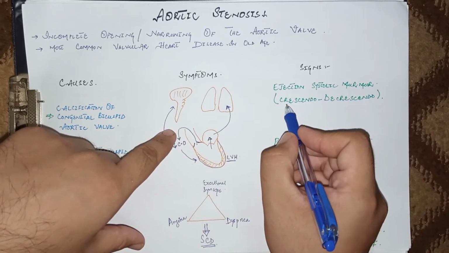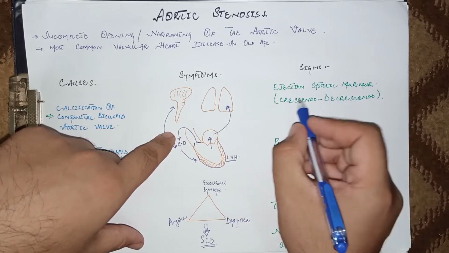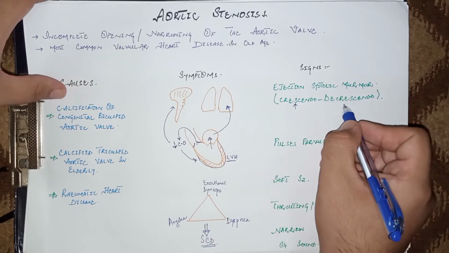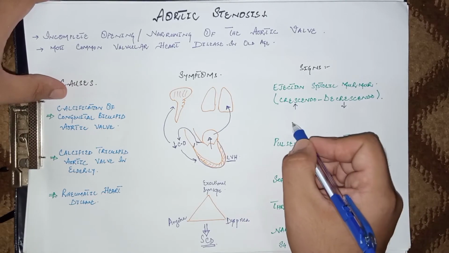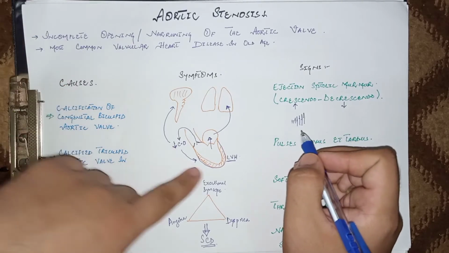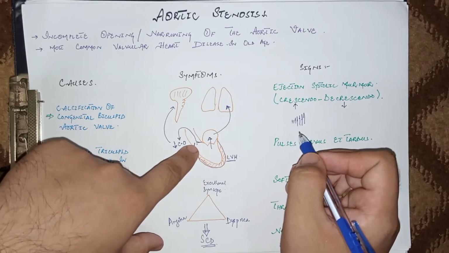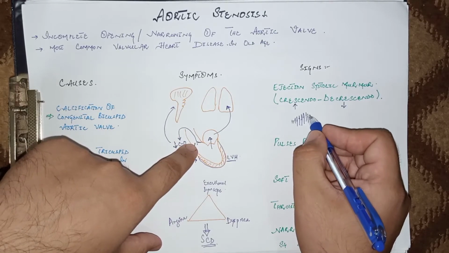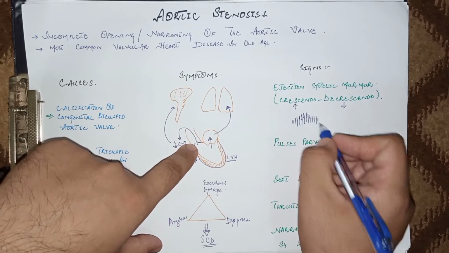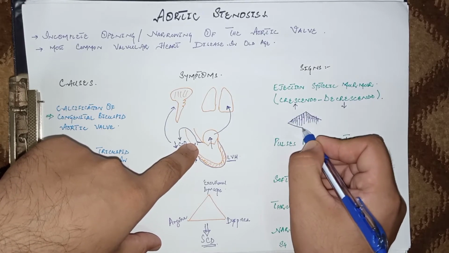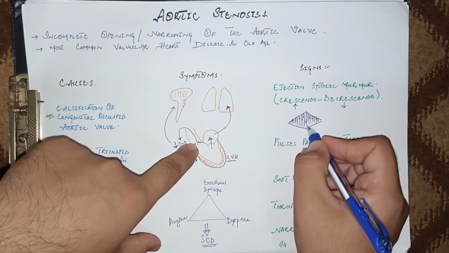It is also called a crescendo-decrescendo murmur. Crescendo means an increase in intensity and decrescendo means a decrease in intensity. Initially the murmur's intensity increases gradually during the systolic phase. After that, during the relaxation phase, there is a decrease in the murmur intensity.